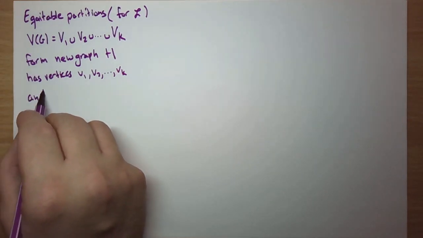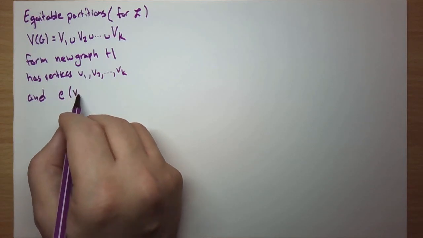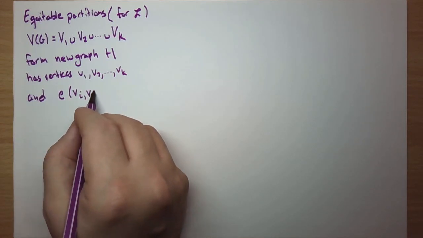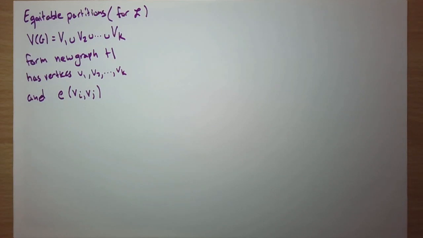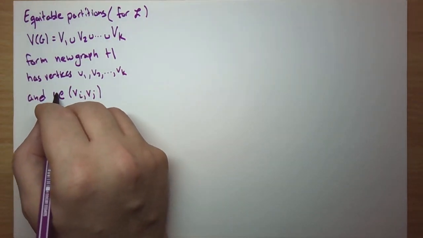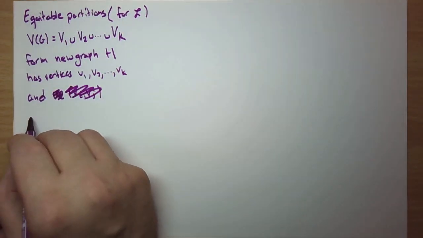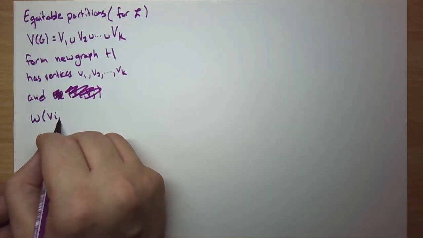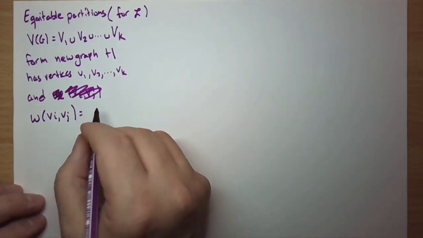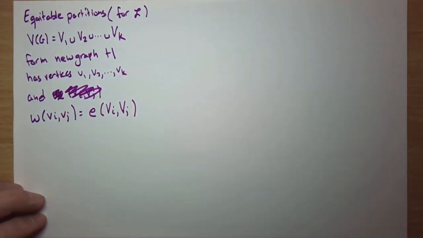And our big aha, I need to tell you what to do with the edge weight between Vi and Vj. Sorry, I said E, I meant to say W. All right, let's just start again. And the edge weight from Vi to Vj is equal to the number of edges from Vi to Vj. And you can do this for weighted graphs where you weight the edges.